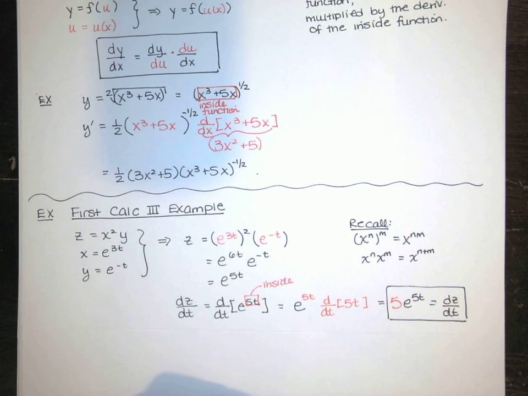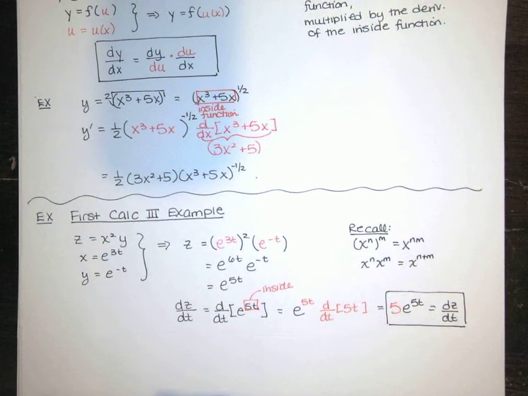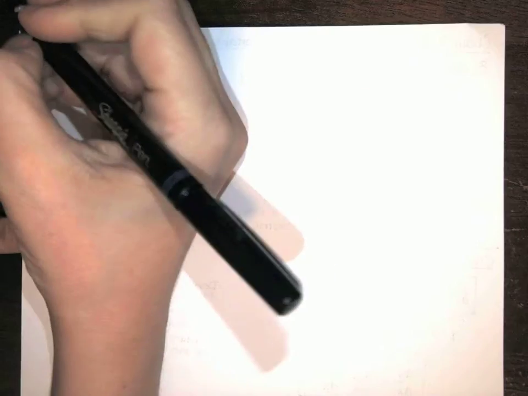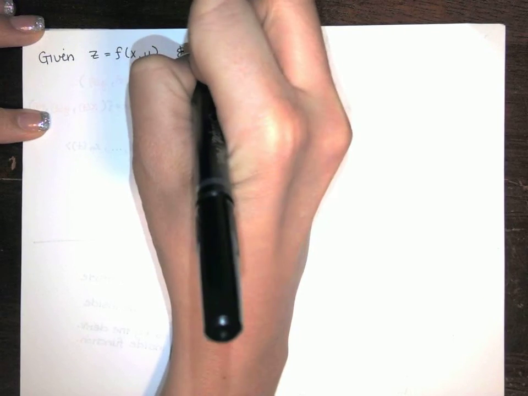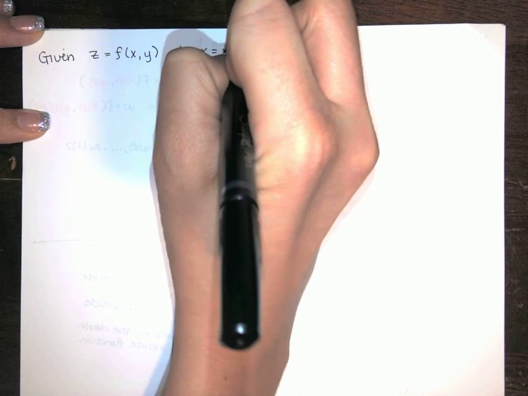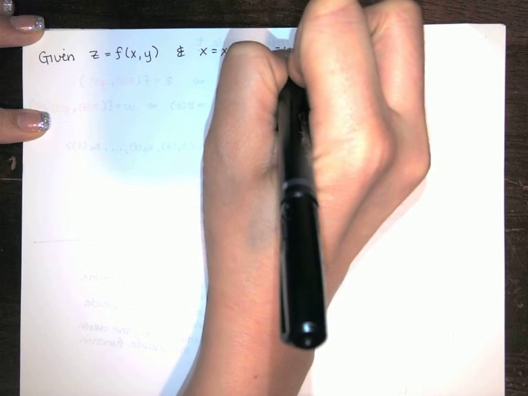So here's the Calculus 3 chain rule for functions of two variables. Or here's one version of it. So we're given z equals f of x, y and x equals x of t and y equals y of t.